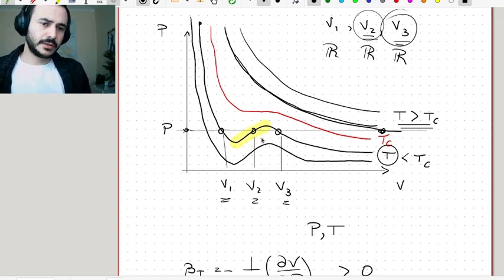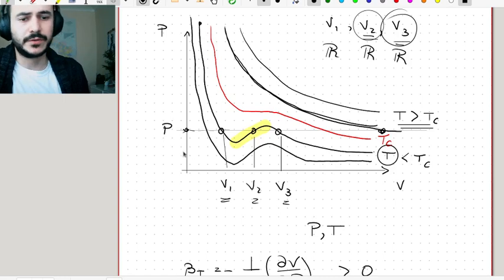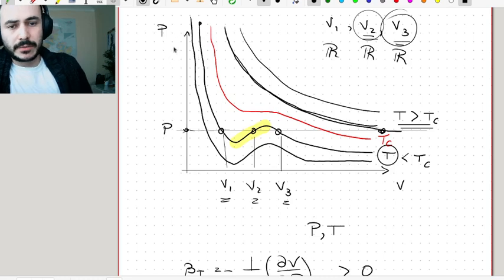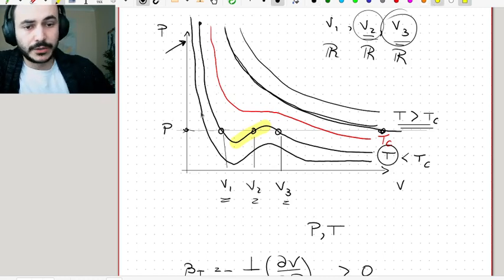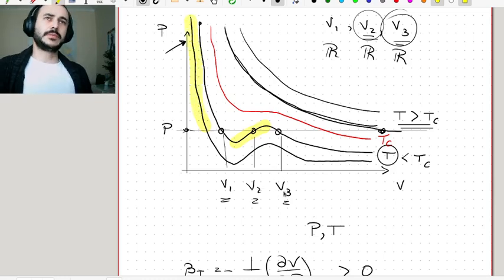So still you get 3 possible different values of volume for every pressure, but I'm just calling your attention to what happens here at low molar volume. You see that the pressure is shooting up almost vertically. Okay, and this is telling us something about the system becoming almost incompressible.